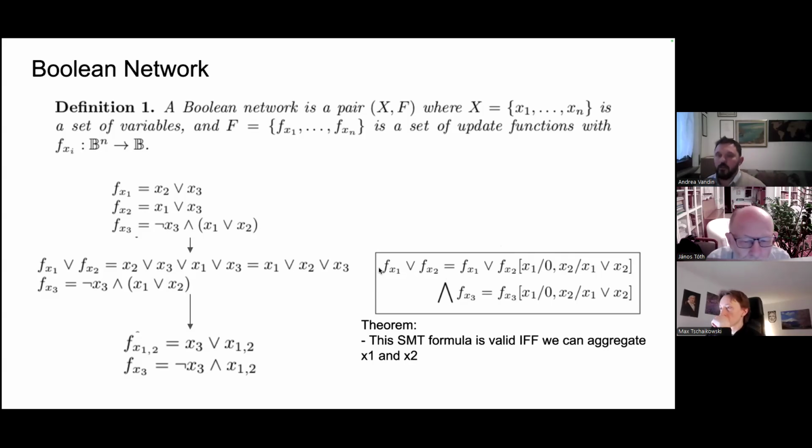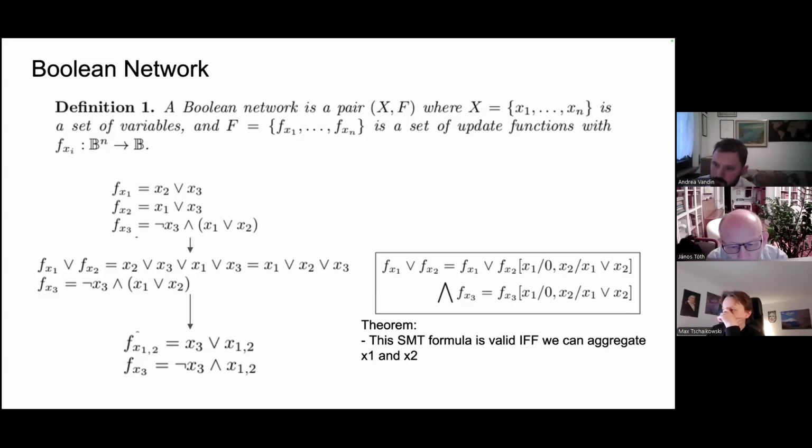I repeat, we create a SAT formula where we ask, you want to reduce x1 and x2 together? Okay, then this formula must hold. Please take the update function of the two variables, so x2 or x3, x1 or x3, do the OR of them, and this OR must be equal to the OR where you set x1 to false and you set the other variable to x1 or x2.